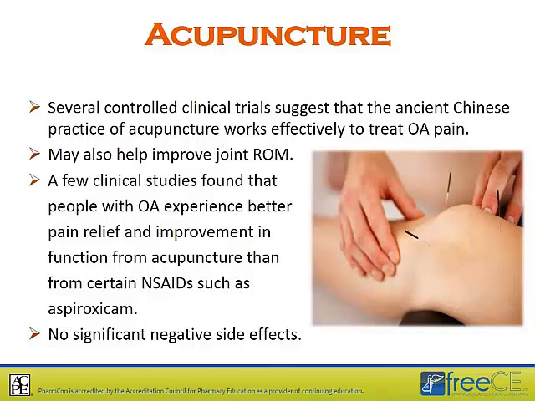Some clinical studies found that people with OA experience better pain relief and improvement in function with acupuncture compared to certain NSAIDs, such as piroxicam. And perhaps the best thing about acupuncture is that it has no significant negative side effects, which of course is not the case with NSAIDs.